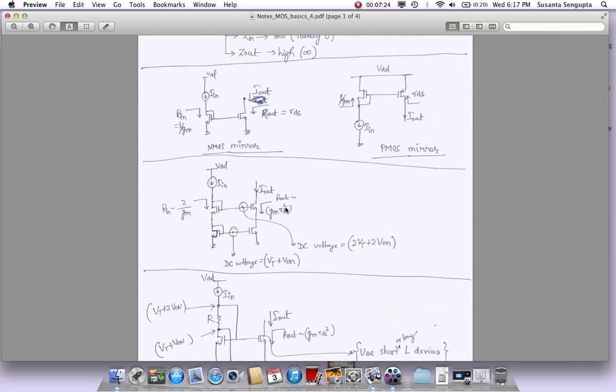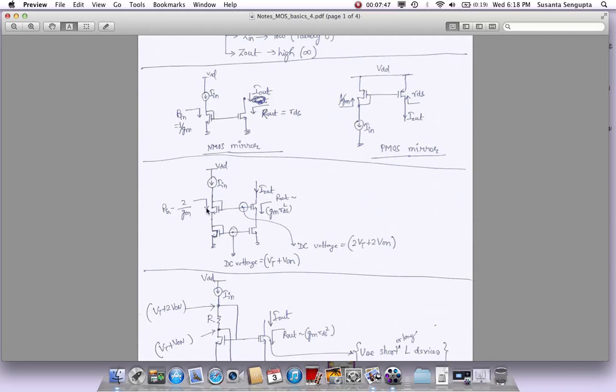Typically, in most applications using long channel devices, Gm RDS, which is like the voltage gain of a single stage, you could get on the order of about 100. So going from here to here, you have boosted the output impedance significantly, and that is a good thing, because then it becomes an even better current mirror.